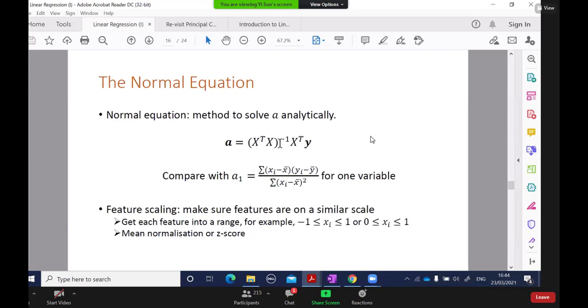Okay, loosely speaking, again, we have squared here for one single variable. Here, in matrix format, we have X transpose multiplied by X. Loosely speaking, consider it as X squared. And the inverse, imagine putting it into the denominator.